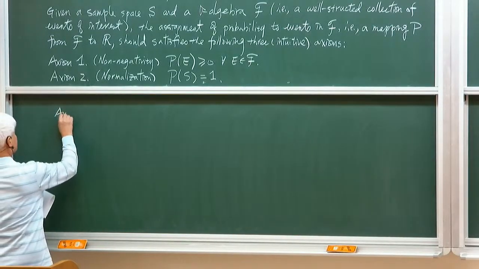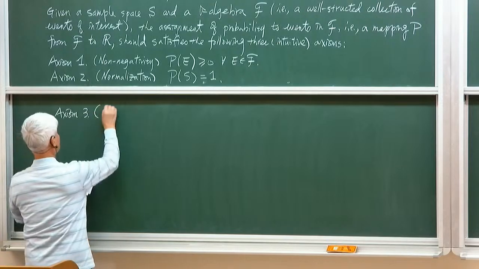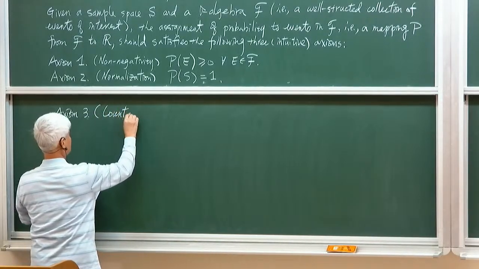The third axiom is a little bit technical. We call it countable additivity.